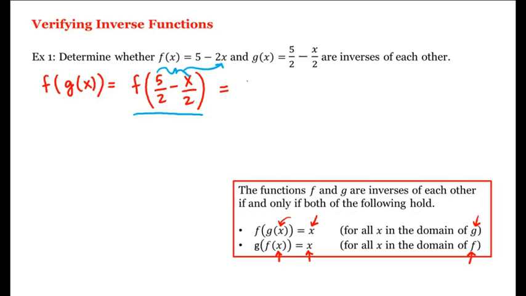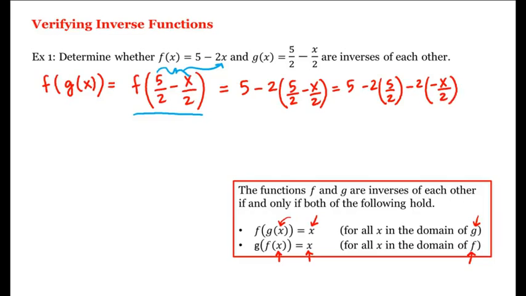That is, this is equal to 5 minus 2 times that entire input. And then distributing the minus 2 through, we have 5 minus 2 times 5 halves, and then minus 2 times negative x over 2, which is equal to 5 minus 5, and then plus 2x divided by 2.